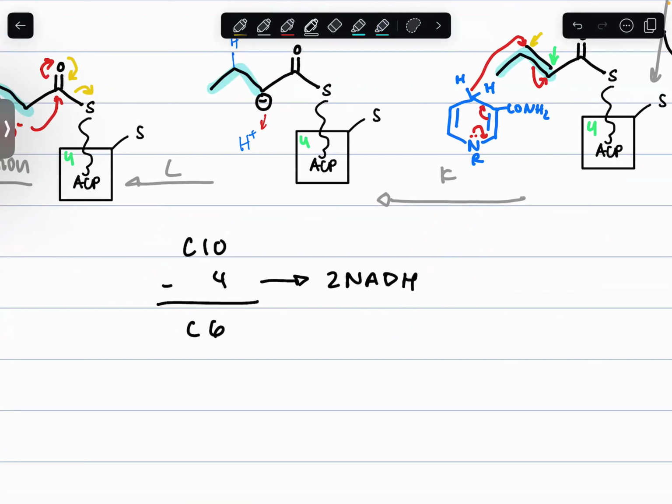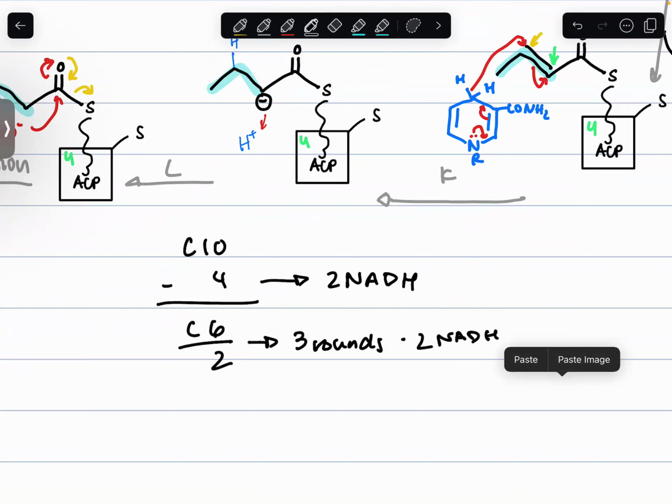You get C6. Then you had 2 rounds, or each of those is 2. So you have 3 rounds additional times 2 NADH equals 6 plus that. So yes, for the NADH, it's just however many carbons there are minus 2.